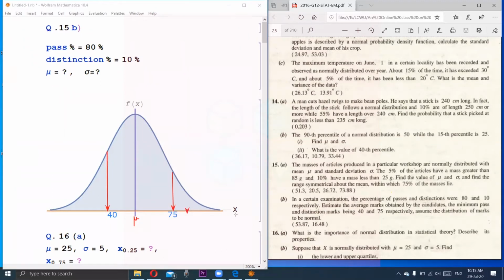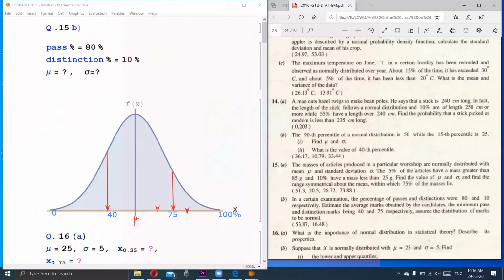80% are the number of students who pass the examination, and minimum marks is 40. So the points above the 40, for example 45, 50, 60, 75, 80, 90, we are talking about percentage, then 0 to 100% are the total points on the number line, and passing marks are 80%.